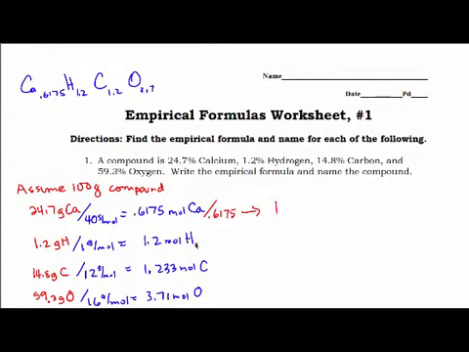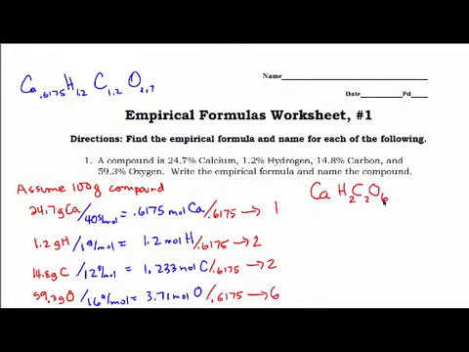We get 1. 0.6175, we get 2. 0.6175, we get 2. We divide by 0.6175, we get 6. So now we have a cleaned up version, which is calcium 1, H2, C2O6.